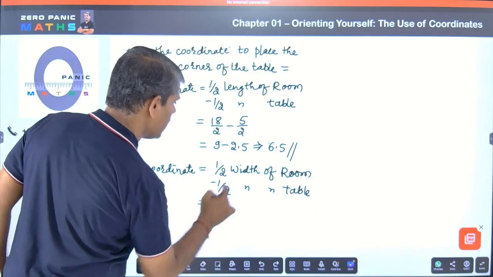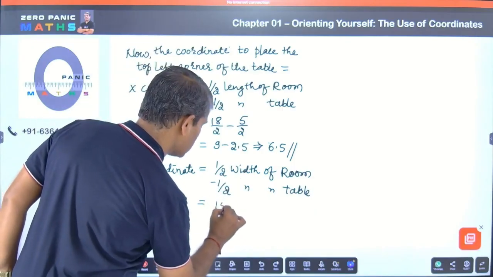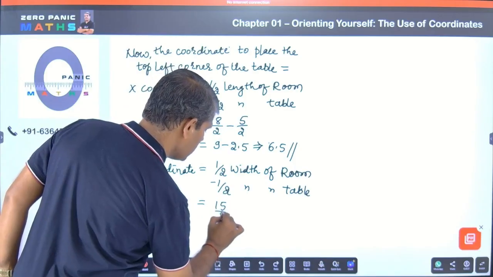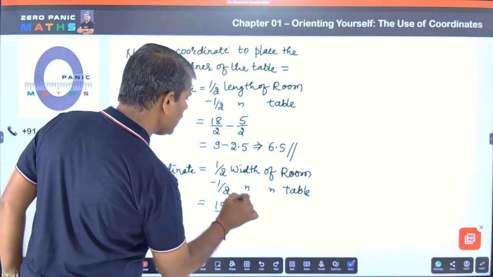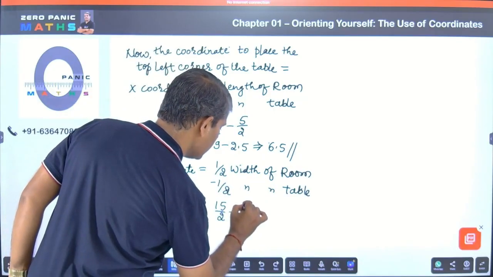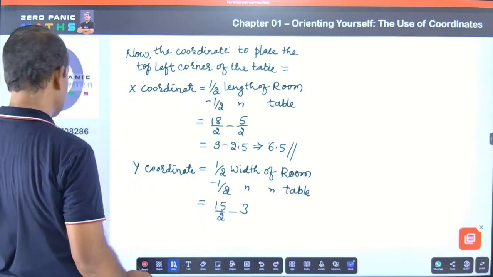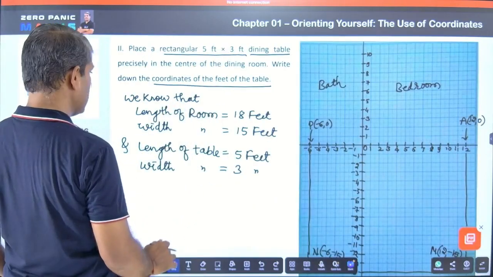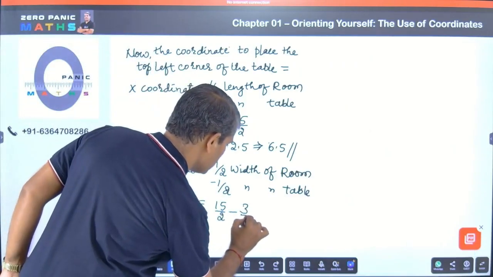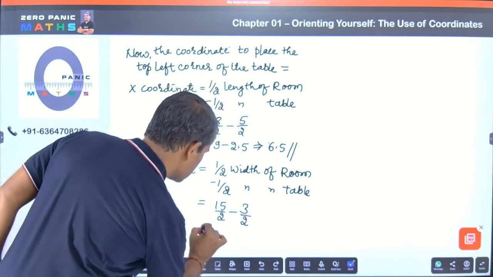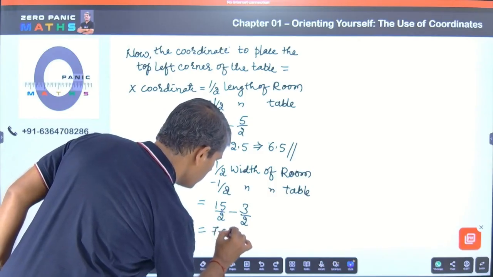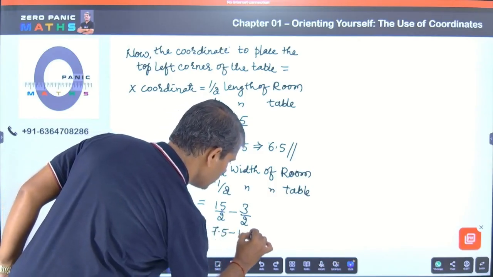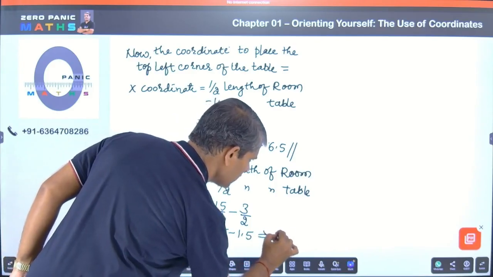Now what is the width of the room? That is 15 divided by 2, and the width of the table is 3, so 3 by 2. That is 7.5 minus 1.5, which is 6.